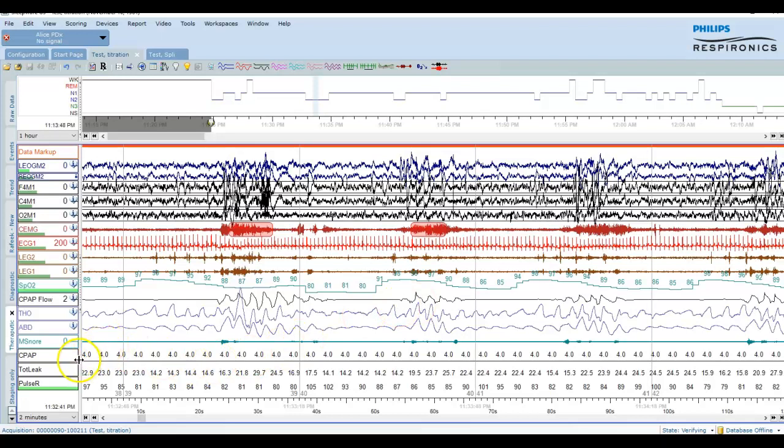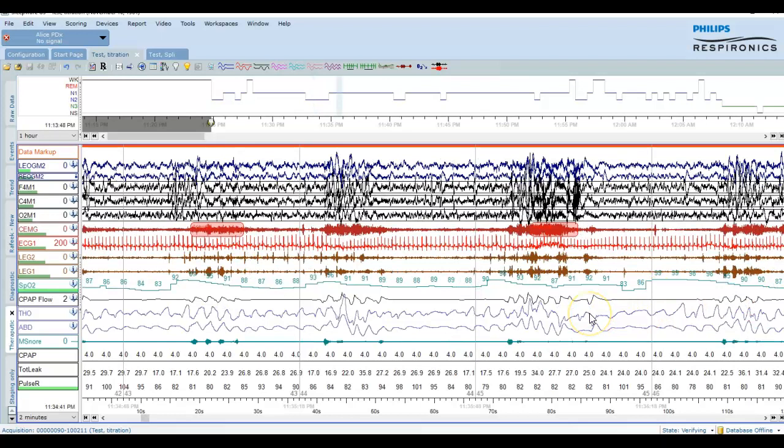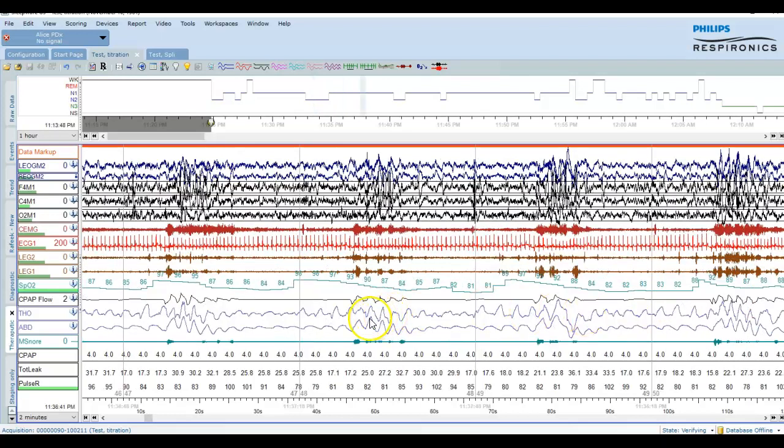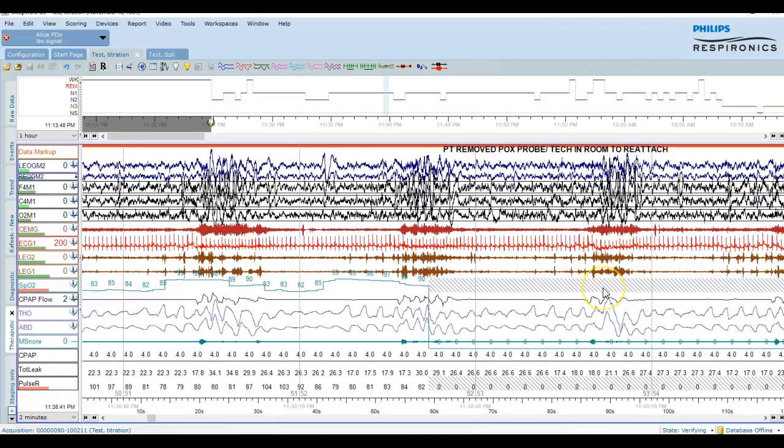Now you can see the patient is at the CPAP of 4, and as I mentioned earlier, you will be scoring from the CPAP flow channel, and you can see it's a clear no flow, which is an obstructive apnea. So far it's almost epoch 36, meaning almost 12 minutes have passed since the study started.